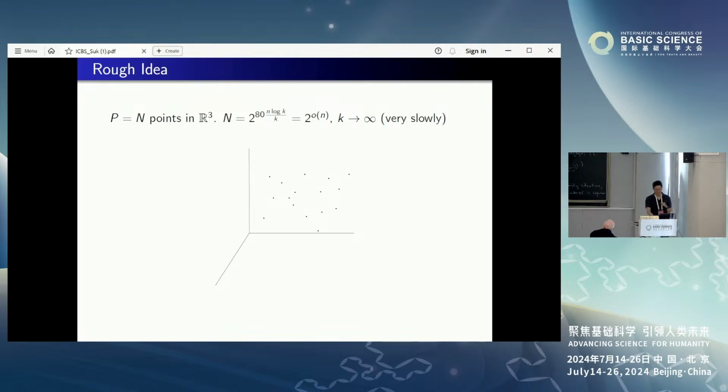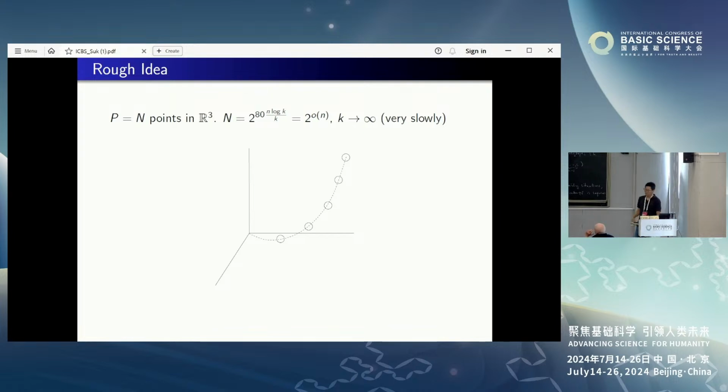We have a quantity here that will go to infinity very slowly. We have capital N points in R3. And so, as I said before, the first thing you do is put them in cyclic position, so the cluster of a cyclic polytope.